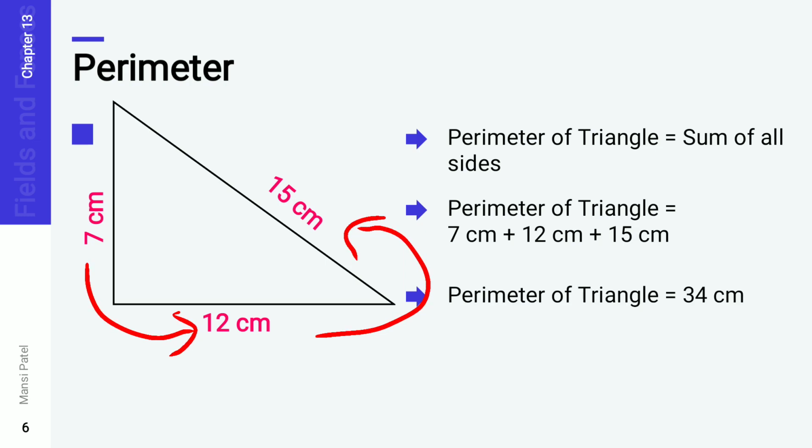How much is it? 34 centimeter. Or you can do it like this also, 12 plus 15, 27 and 27 plus 7, that is 34 centimeter. So the perimeter of this triangle is 34 centimeter. Let us see one another example.